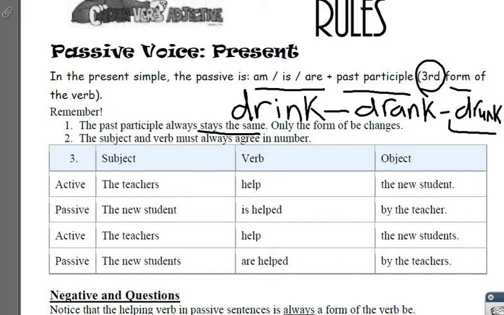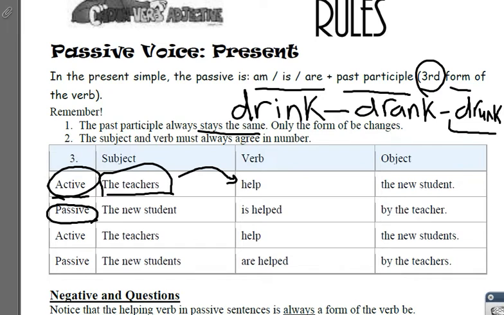We have some examples: active sentences and passive sentences. So the question is, what is the meaning of an active sentence? An active sentence is a sentence in which we know the doer of the action. We know who does the action. Here, the doer is the teacher. The teachers help the new student.